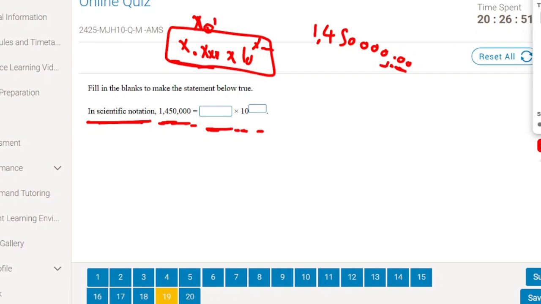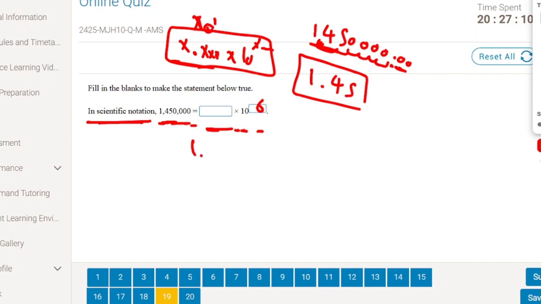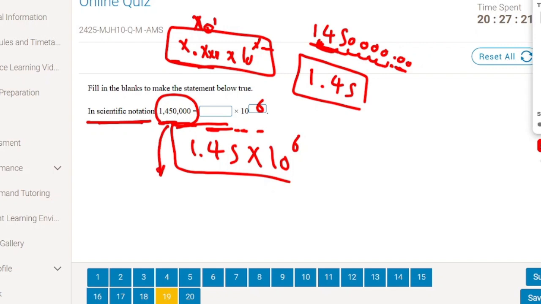How many digits do I go? 1, 2, 3, 4, 5, 6. So that means it would be a power of 6. And the number is 1.45. So the answer will be 1.45 multiplied by 10 to the power of 6. If I multiply 1.45 by 10 to the power of 6, I will get this number at the end.